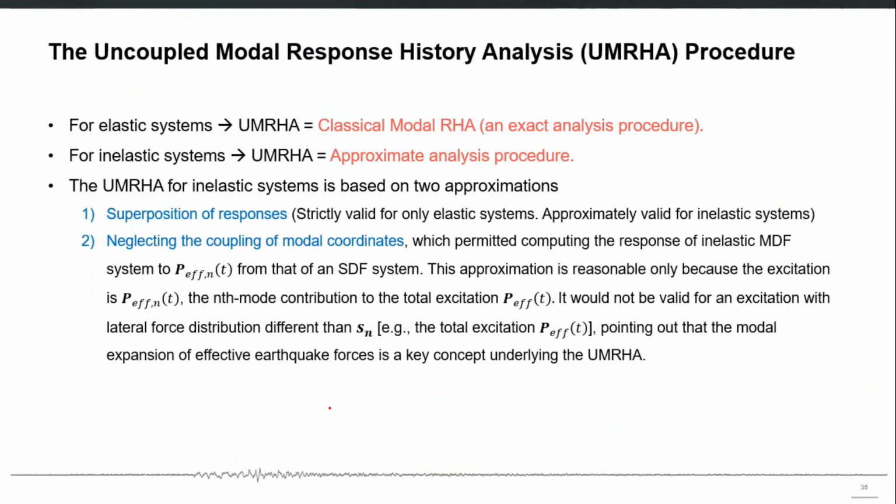So uncoupled modal response history analysis for an elastic system is the same as the classical modal RHA. For an inelastic system, it is an approximate method because it is based on the idea that the coupling between mode shapes can still be ignored. And it is based on two approximations.